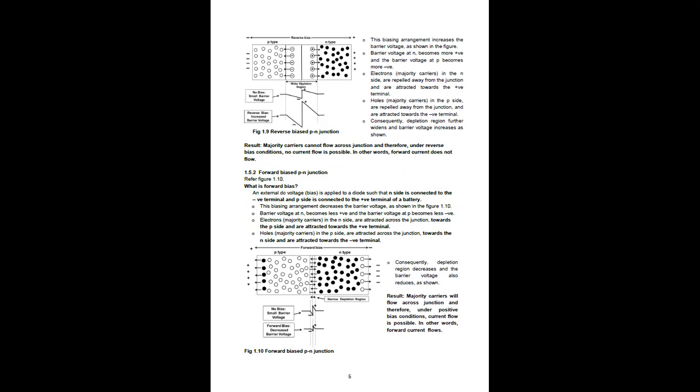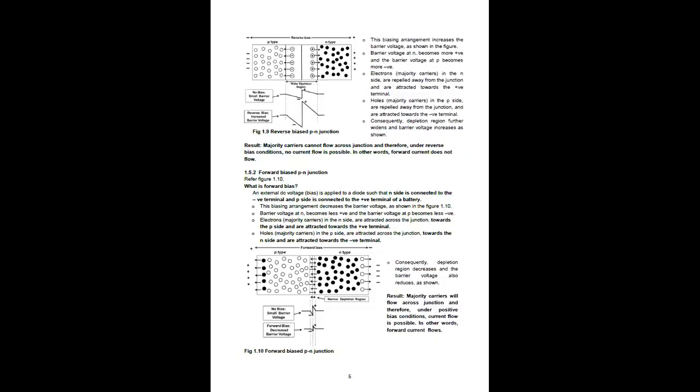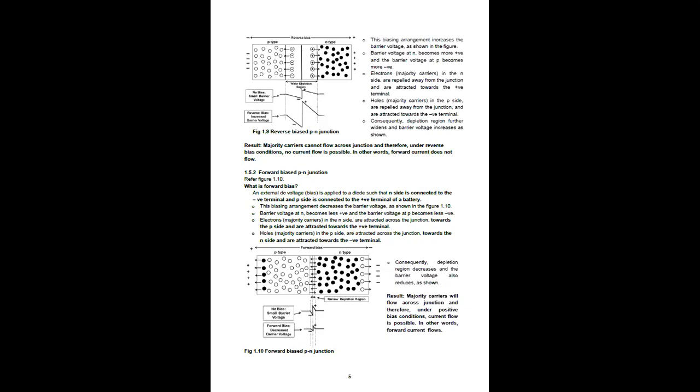Then we will move forward towards chapter 2, that is the semiconductor diode and its application. That was a quick intro of the basics of the semiconductor. Thank you for now.